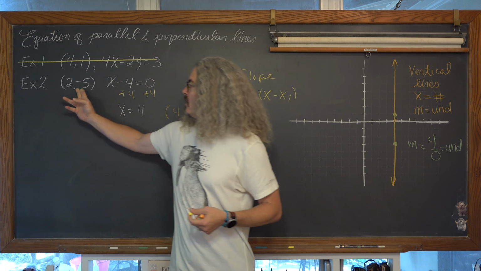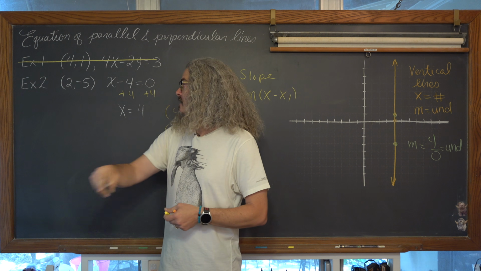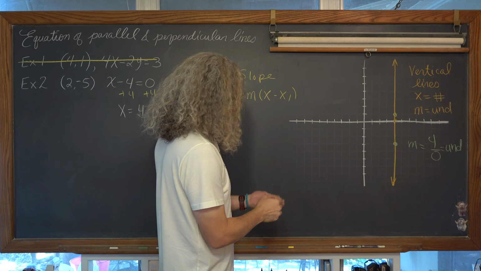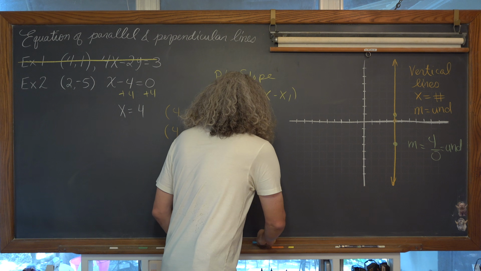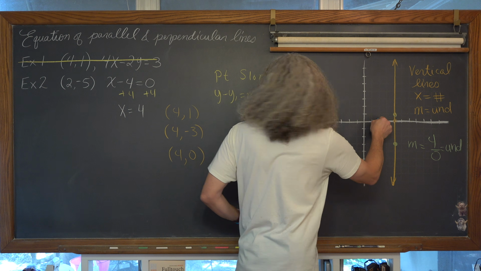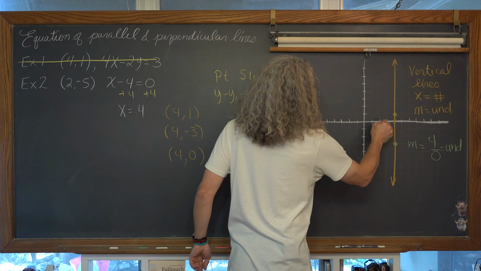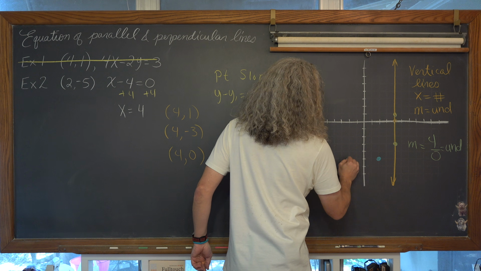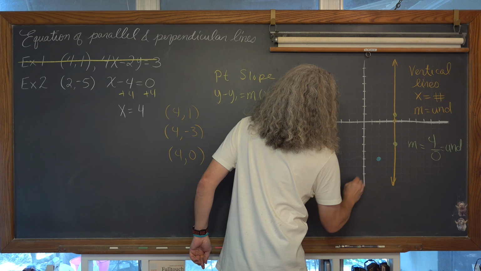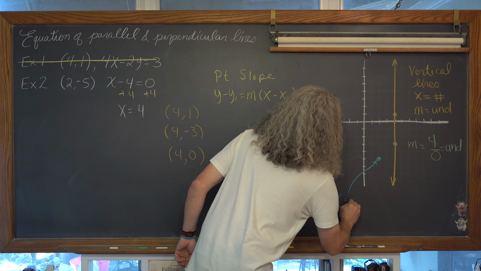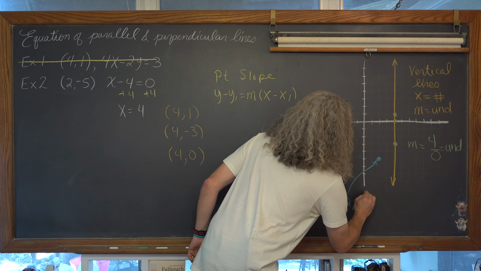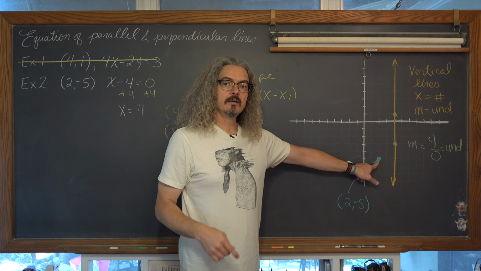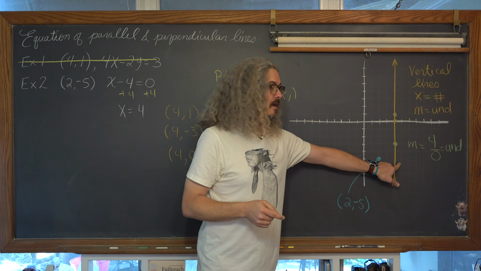So we need the equation of two lines that go through the coordinate of 2, negative 5. Well, where is 2, negative 5? From the origin, move right 2 and go down 5. So right 2 and 1, 2, 3, 4, 5. What does a line going through that point look like that is parallel to the given line of x equals 4?